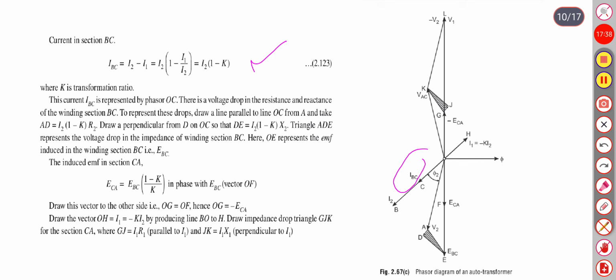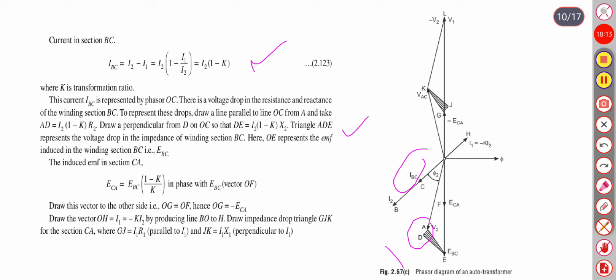Draw a perpendicular from D on OC. This is AD and this is DE, ADE.